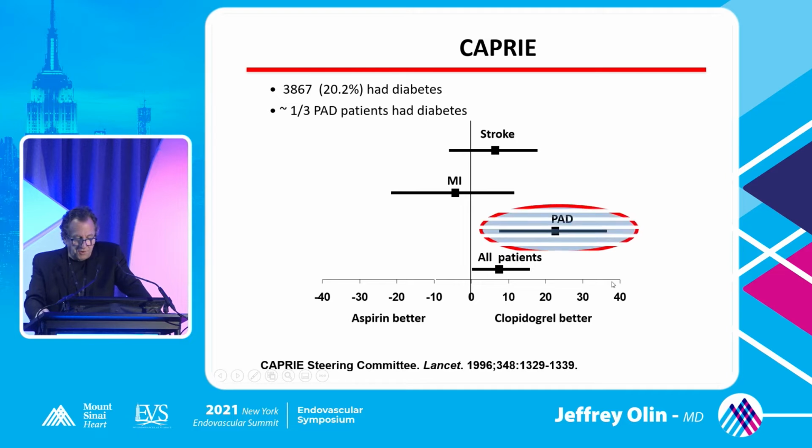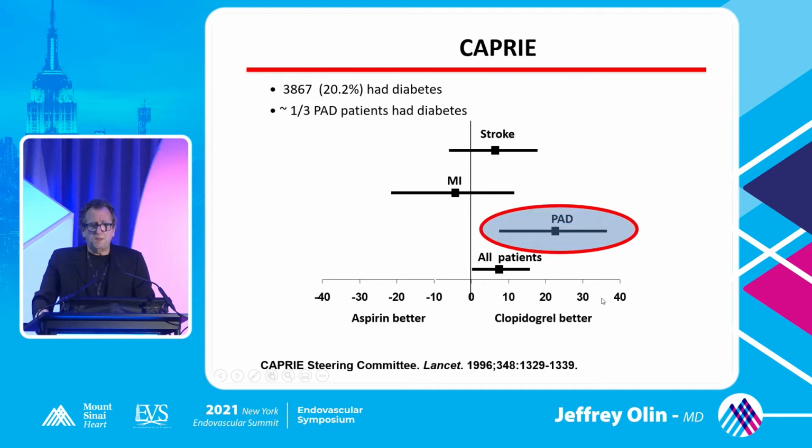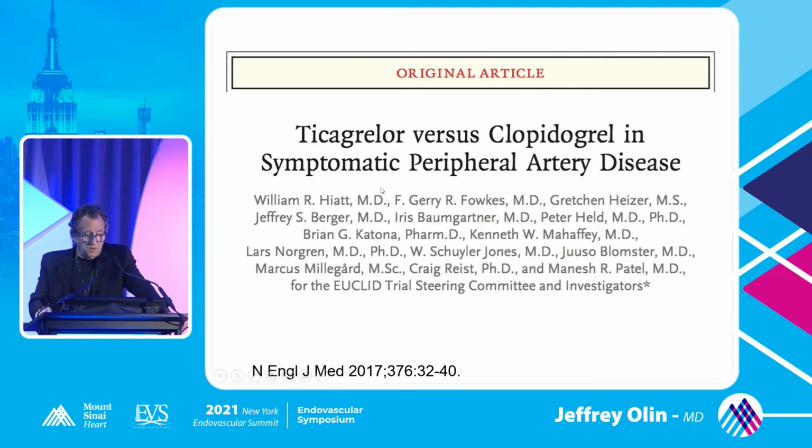But in those patients who entered the study with PAD, this was a pre-specified endpoint in this study. In those patients, there was a 24% relative risk reduction in MACE, and that led to the recommendation that clopidogrel maybe is a better first-line drug in patients with PAD compared to aspirin. We really were excited about this trial. This is the ticagrelor versus clopidogrel.